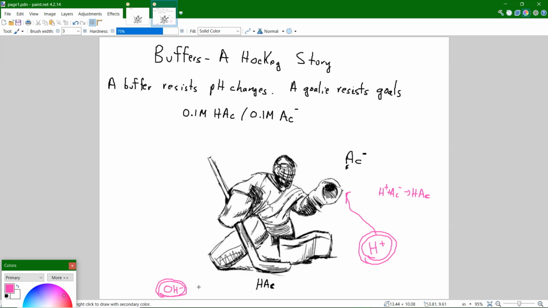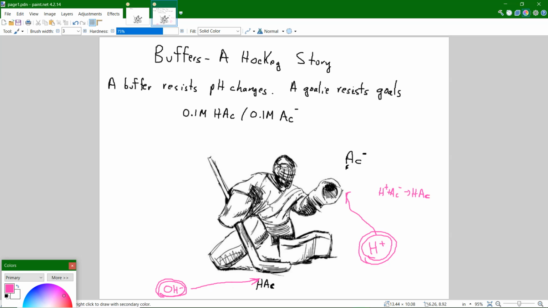Well, a good buffer, like a good goalie, will have more than one way to stop the puck. So the incoming hydroxide is coming in and it's going to hit the stick, and the goalie is going to make the save and resist a change in pH. If there is no strength in the stick save, then lots of goals are going to be scored. Lots of changes in pH are going to happen.